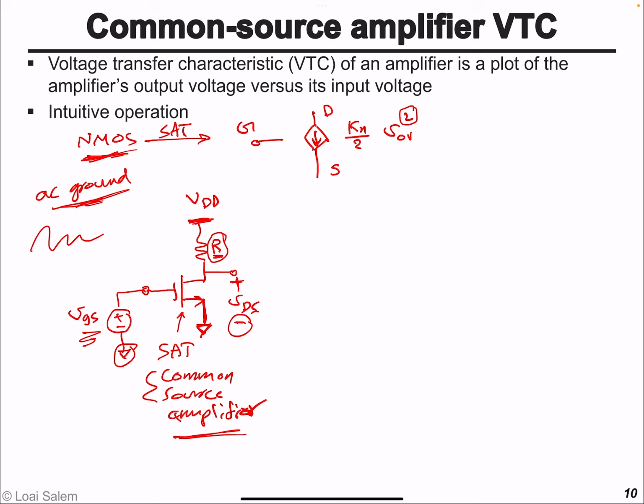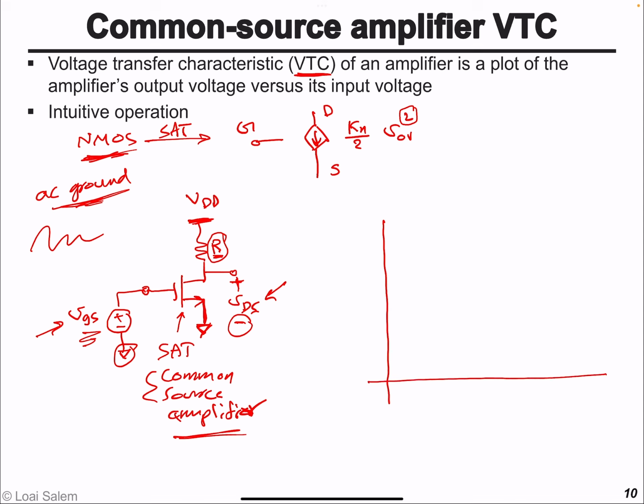To understand the operation of this amplifier in detail, we need to plot what's called a voltage transfer characteristic. And that's basically, we just plot the output, which is VDS, versus the input, which is VGS.